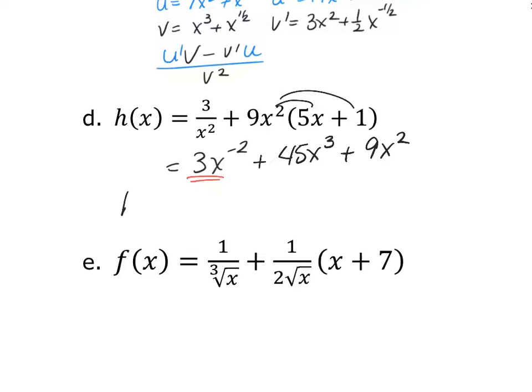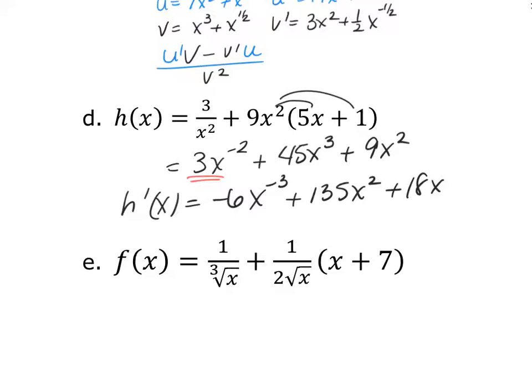So h prime of x is going to be negative 6x to the negative 3. Because I'm taking the negative 2, multiplying by the positive 3, which gives me negative 6, and I drop a power, so I need to subtract 1, so it's a negative 3. And then plus, I'm going to do 45 times 3, which is, what is 45 times 3? 135. So 135 x squared plus 18x. How is that?